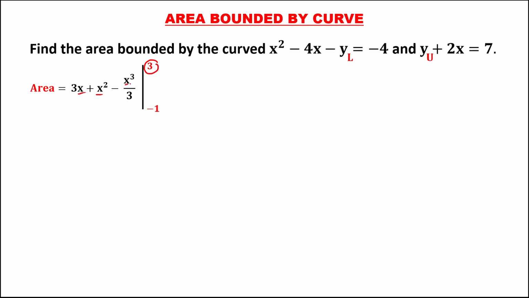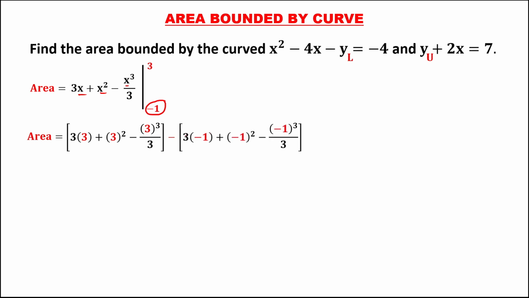Replace all x, so we have area equals 3 times 3 plus 3 to the power 2 minus 3 to the power 3 over 3. Then minus, substitute now the lower limit to all x. So x becomes -1, then -1 to the power 2 and -1 to the power 3.